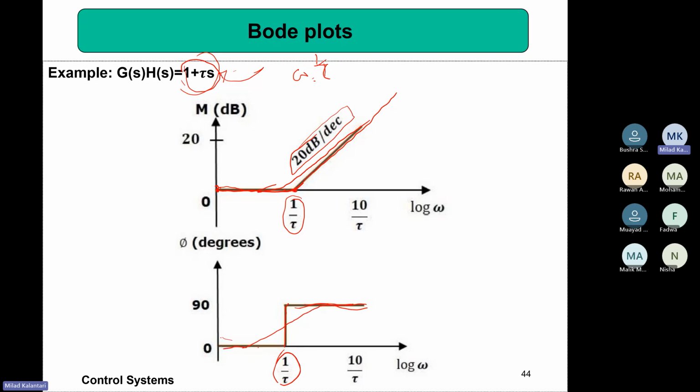We assume that the phase shift starts happening at about 0.1 times 1 over tau and continues up to 10 times 1 over tau. We just spread it. It's not happening so sharply.